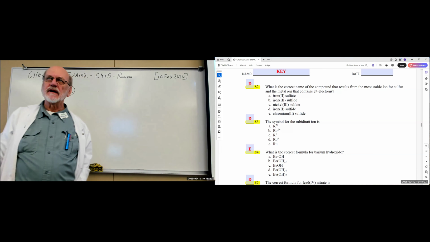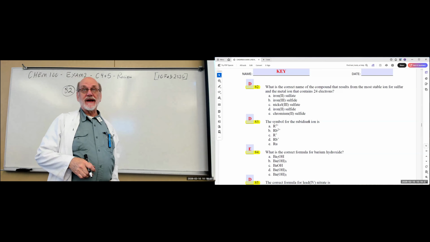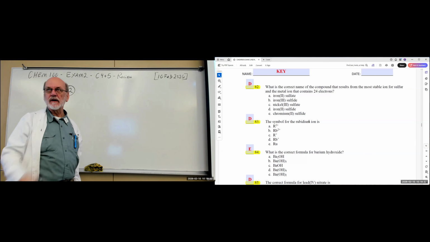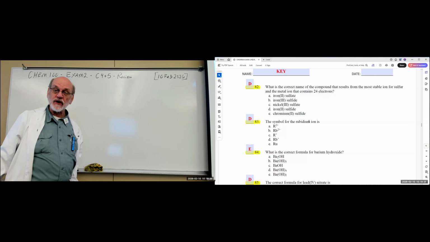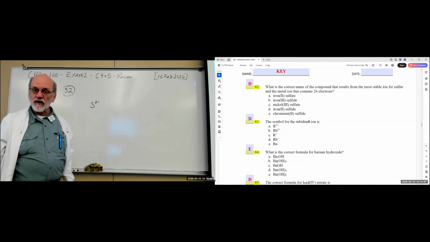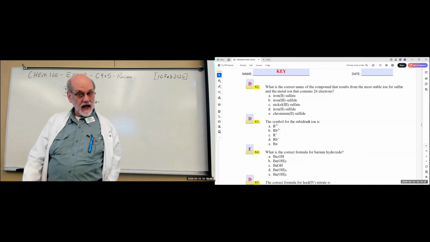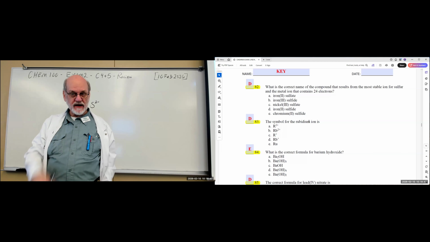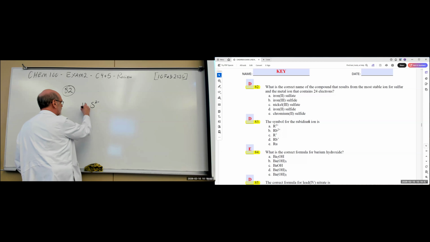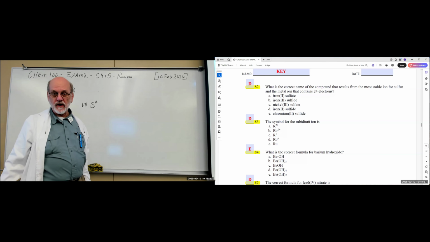What's the correct name of the compound that results from the most stable ion of sulfur and the metal ion that contains 24 electrons? Okay, let's put what we're given up here. The most stable ion for sulfur is 2-. Sulfur is a chalcogen. It's in the oxygen group. And when it's an ion, as stated here, it's a 2- charge. Okay, now for the metal. We're told it contains 24 electrons.